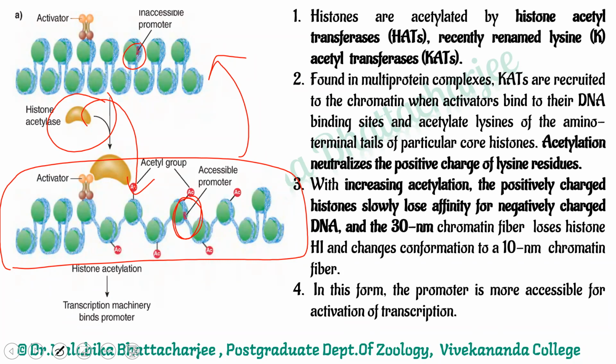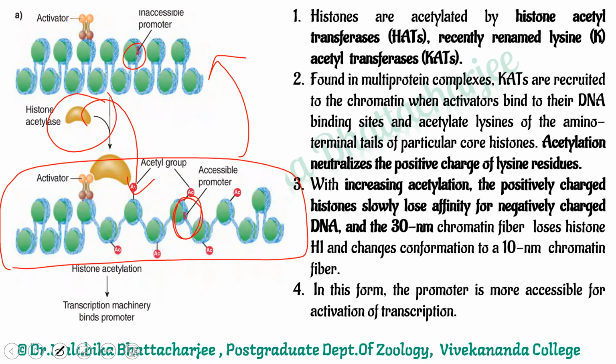Since DNA is negatively charged and histone is positively charged, there is a strong electrostatic association between the negatively charged DNA and the positively charged histone molecules. Now, if we add acetyl groups to the lysine residues of the histone molecules, the lysine residues gradually lose their positive charge.